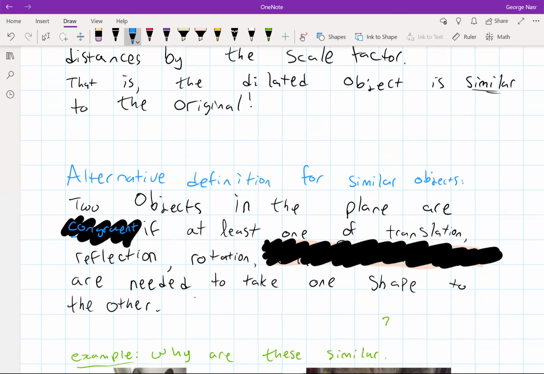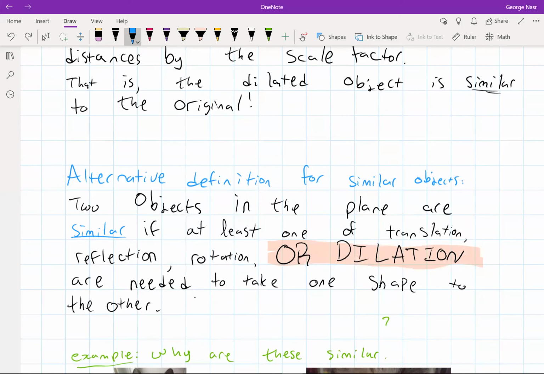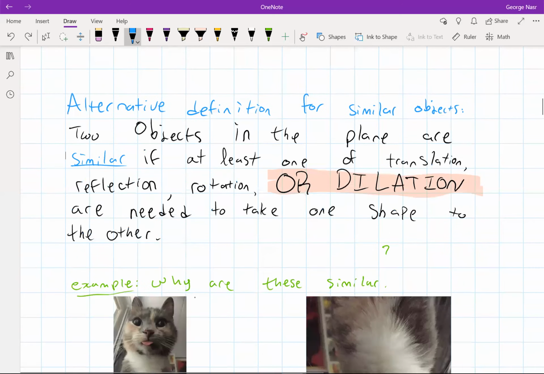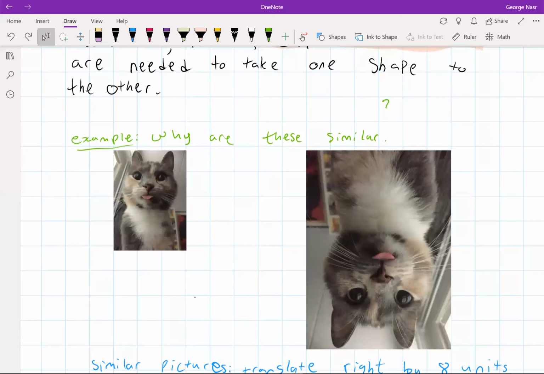But if you want 2 objects to be similar, then you need to add in dilations, because similar objects can be bigger than the originals, and so we have to allow for a way to stretch things out, and that's what dilations do. So here's our friendly cat again.